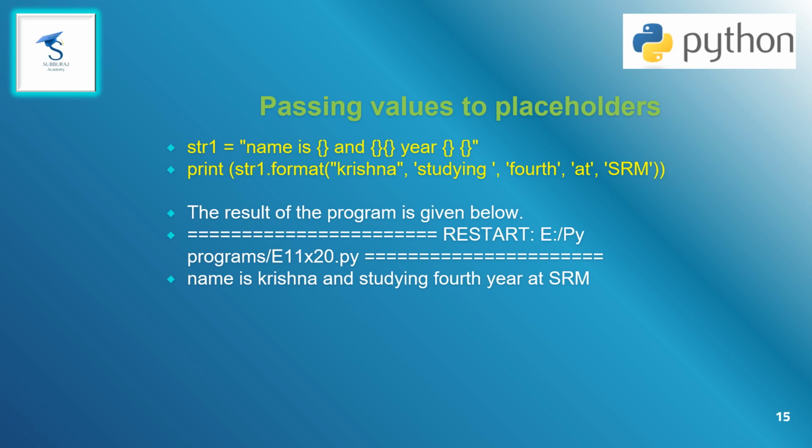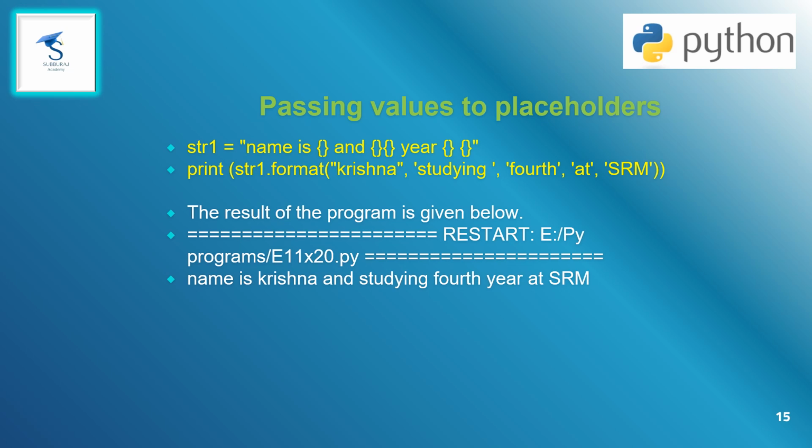So now we'll discuss passing values to placeholders. So str1 is name is curly brace and curly brace. That means there are two things we have to insert. Two curly braces, that means we have to do two things. And here again two things. Look at str1 again. str1 has totally 5 placeholders. So the next statement will print str1.format, and we are giving 5 values. We are not storing them separately, but giving them directly to str1.format.